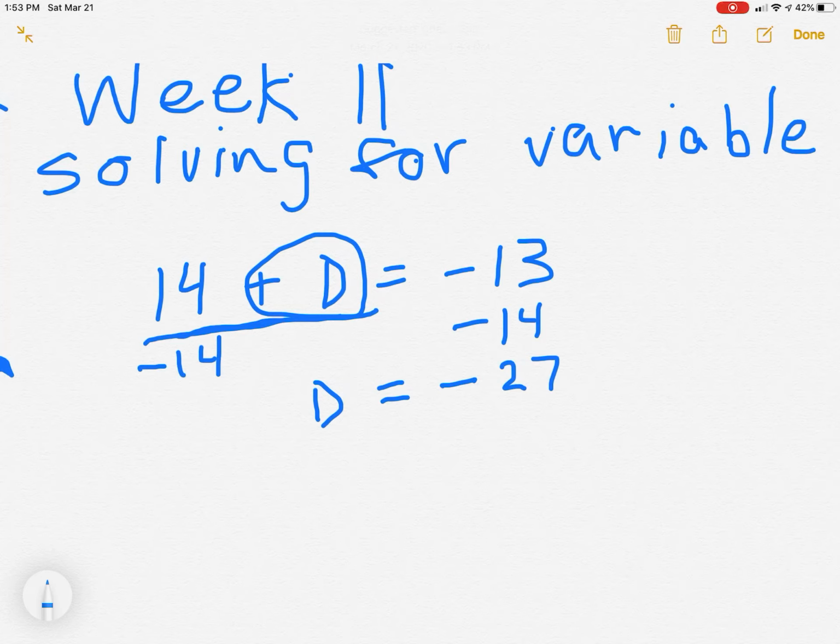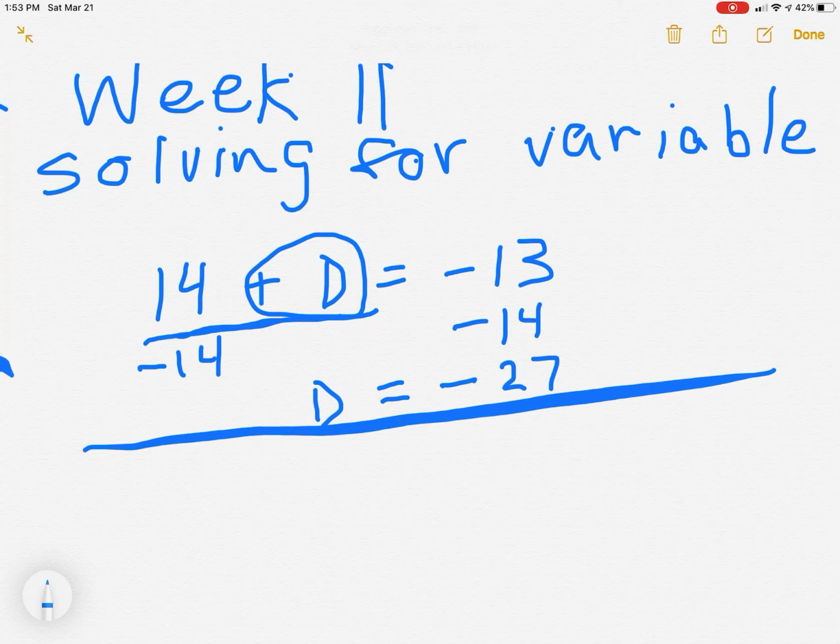All right, let's try another one. We have 9t is equal to minus 27. Now this one means 9 times t is equal to minus 27. So the opposite of that would be division. So I'm going to divide both sides by 9.